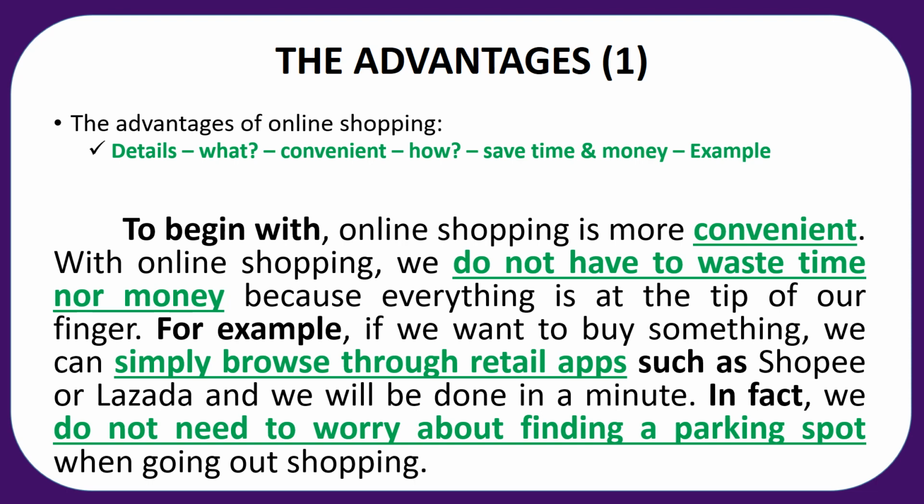For example, if we want to buy something, we can simply browse through retail apps such as Shopee or Lazada, and we will be done in a minute. In fact, we do not need to worry about finding a parking spot when going out shopping. So you see all the colored and underlined phrases are the contents, and the one I bolded are linkers.